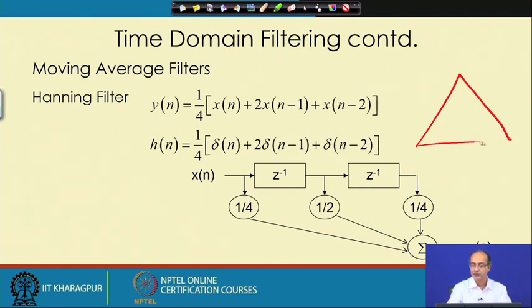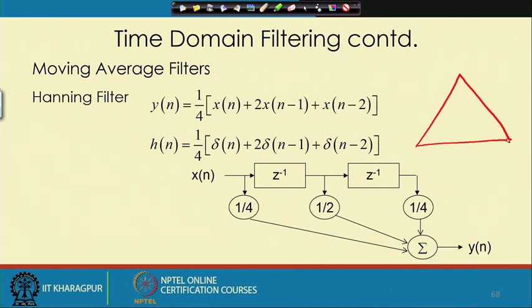The base is the time and we get a triangle, and in this particular case the filter weights we have chosen as integers. So, we can also call this filter an integer filter.